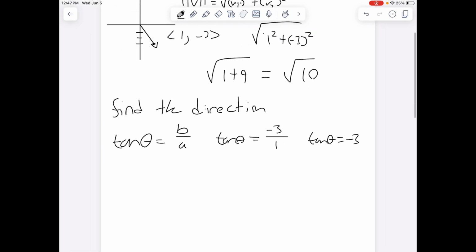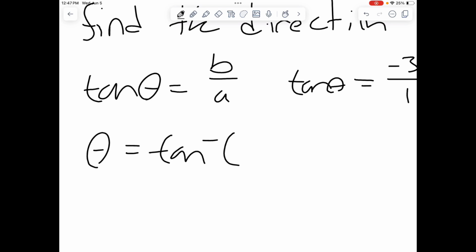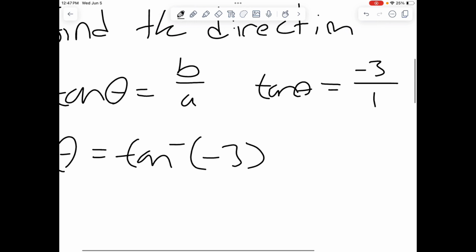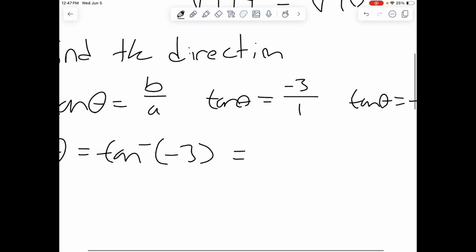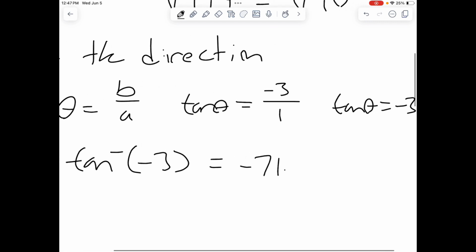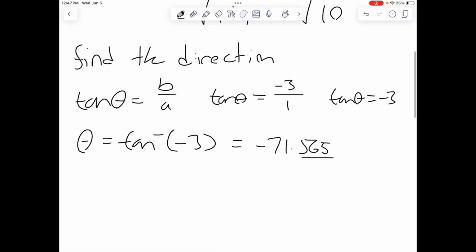So we take the inverse of tan to isolate theta: theta equals tan inverse of negative 3. The answer comes out to about negative 71.565. Remember to keep three decimal digits.